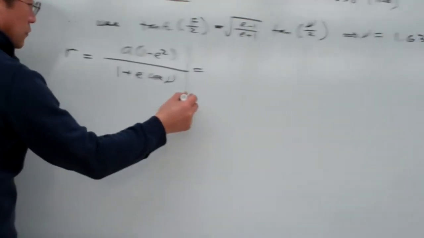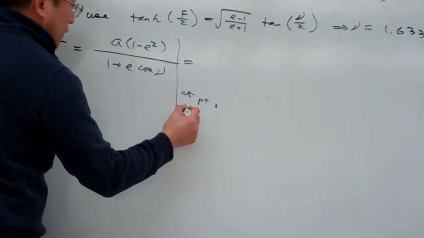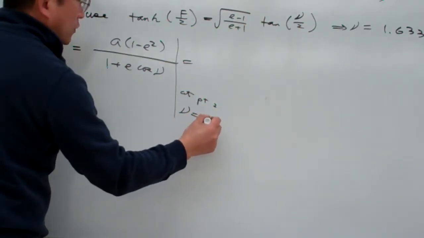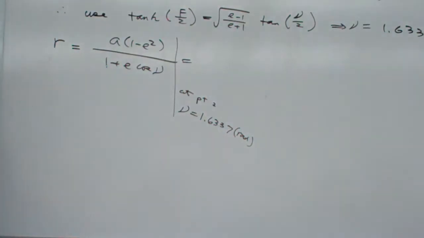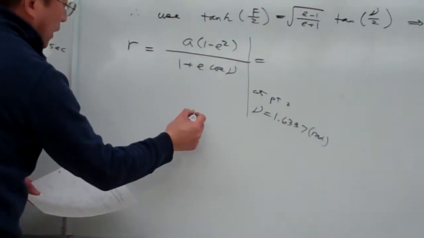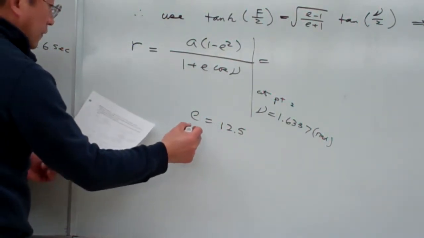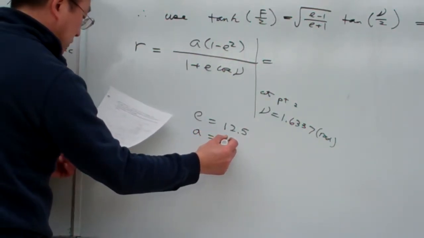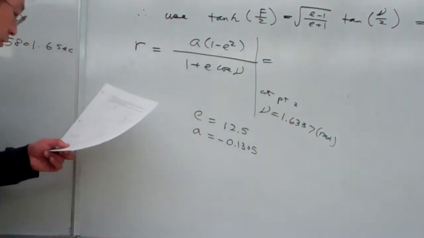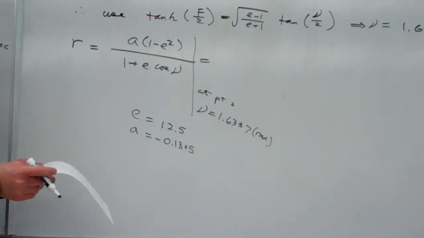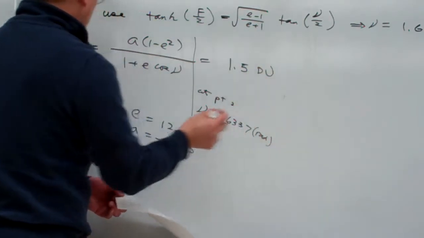At point 2, the nu equal to, we calculated, 1.6337 radian, and we calculated e last time. Here, let me do this again: e equal to 12.5, and a equal to minus 0.1305. So from here, we can compute r. So r for this case will be equal to 1.5 DU. So this is our R2.